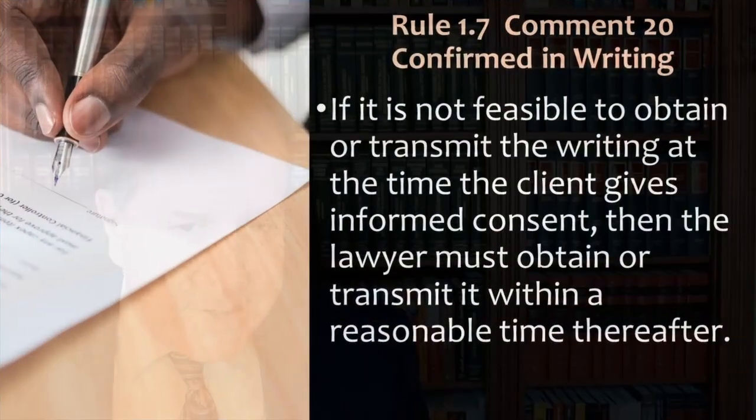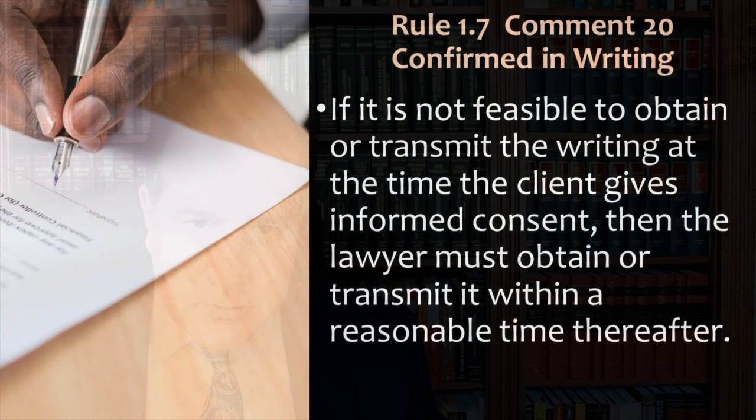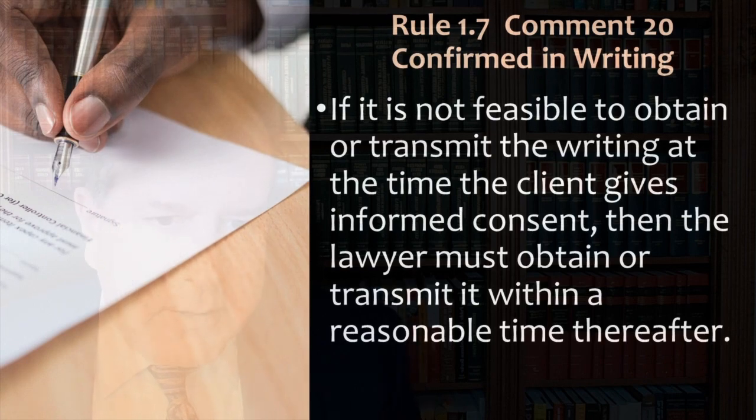Now, sometimes it's not really feasible at the outset of the representation to obtain or transmit the writing on the same day, let's say. In that case, you should obtain or transmit it within a reasonable time thereafter.